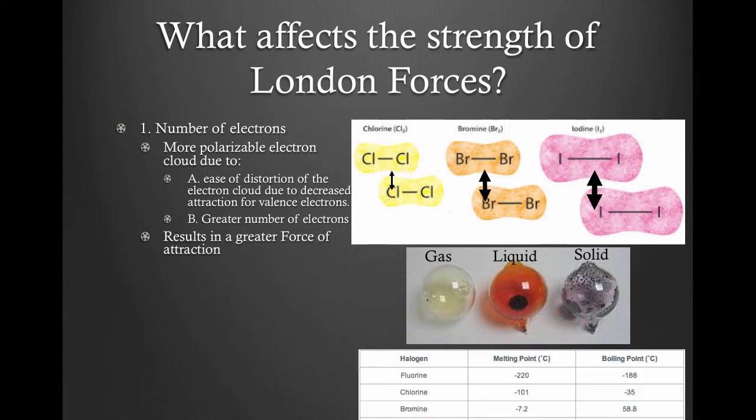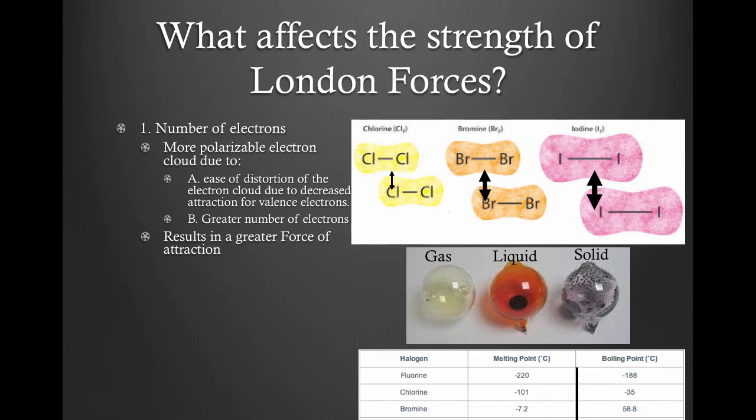And so if we look at the boiling points, we see that the halogen, which I haven't shown you a picture of, has the lowest boiling point at negative 188, and then chlorine, which has a more polarizable electron cloud, so its dispersion force will be much greater, has a higher boiling point at negative 35, and then bromine, again, has an even more polarizable electron cloud because there's more electrons, and those electrons are not held as tightly by the nucleus, and so bromine has a higher boiling point, and you can't see it, but iodine has a boiling point of 184.